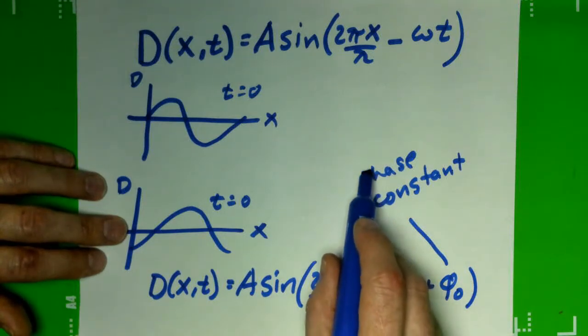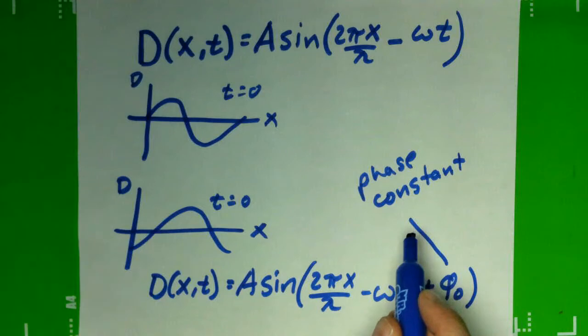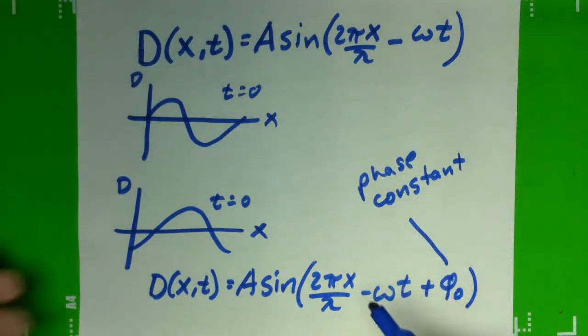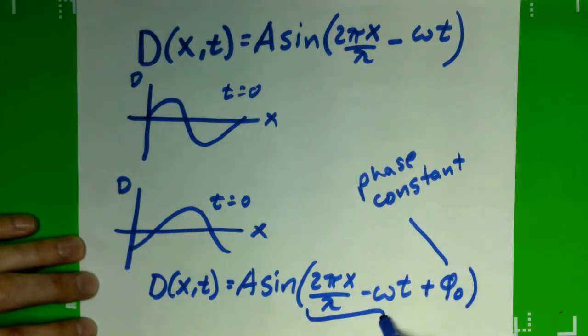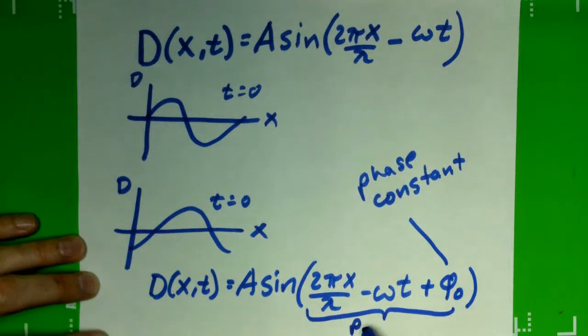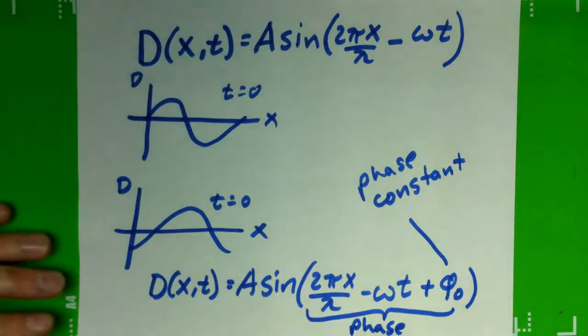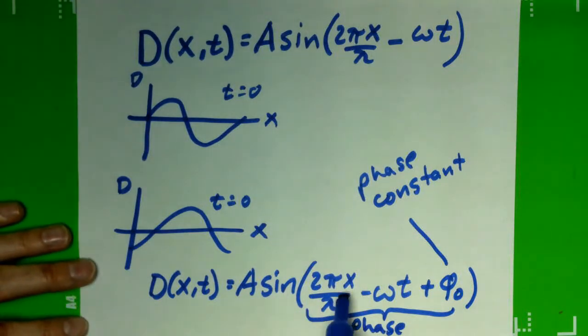Now, because it's called a phase constant, it begs the question, what's a phase? This entire thing is just called the phase, a fancy term for how far around the angle you are. It's the total angular measurement I'm plugging into sine. This changes it some, and this changes it some. It tells me where I am starting on my circle.